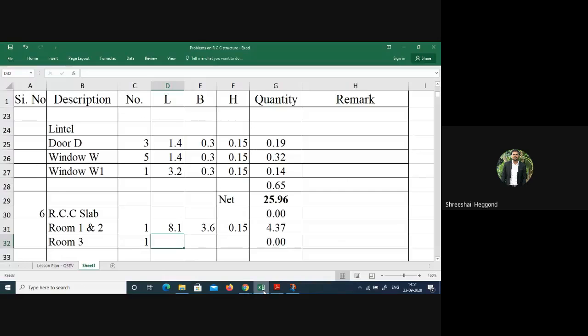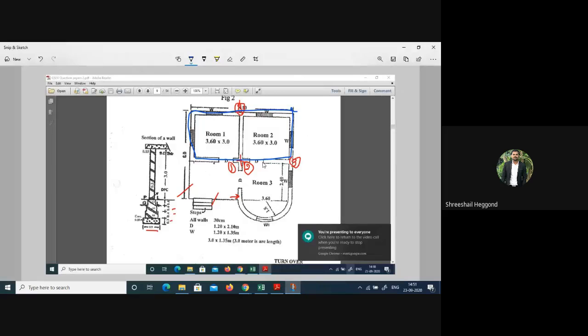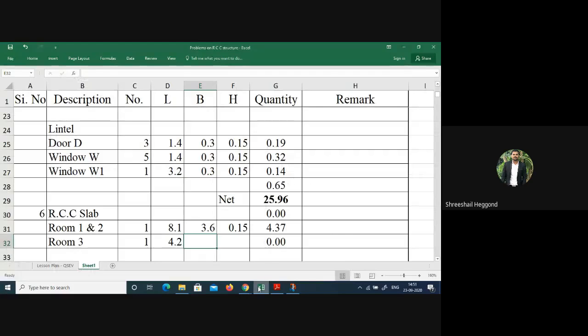So therefore length will be 4.2 and breadth will be the internal dimension given as 2.4. That only you have to consider, not the center line length. Why? Because the blue line wall is already done. Therefore, only the internal dimension you have to consider, that will be 2.4.